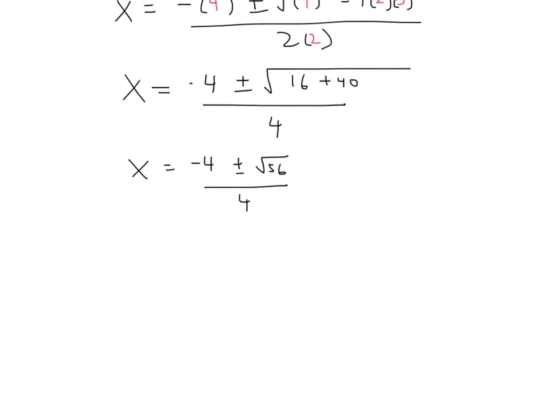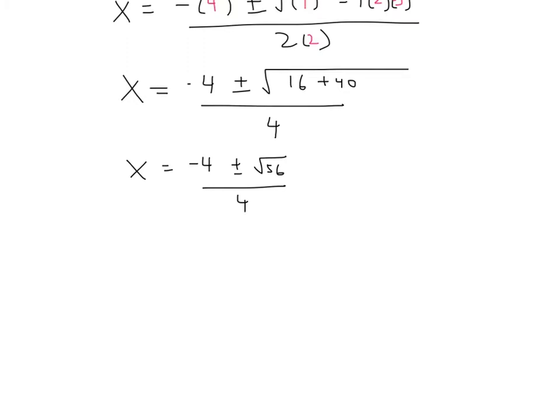Alright, we're still not done. This can be simplified some more. You'll notice here we have the square root of 56, and that is a radical that can be simplified. So let's simplify that over here to the side. We can break this down using a factor tree, and I know 8 times 7 is 56, 8 is 4 times 2, and 4 is 2 times 2.